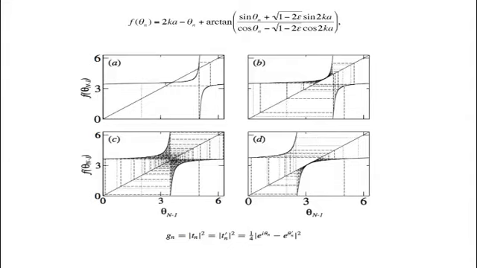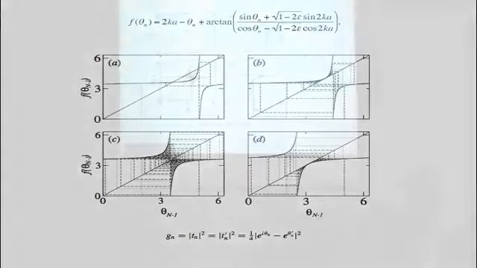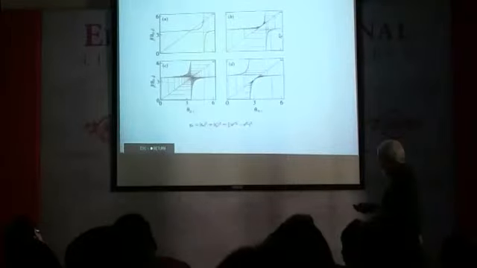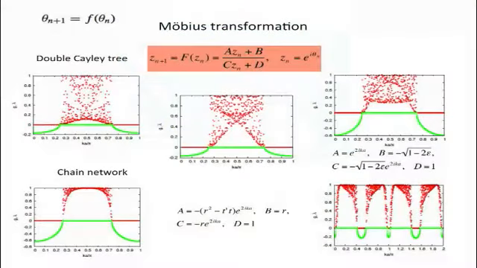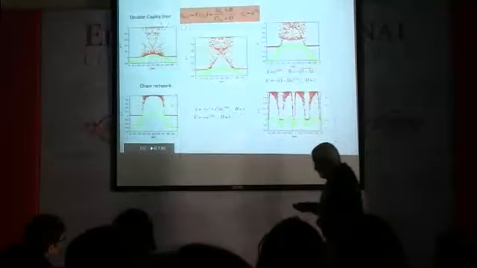So they are expanding, converging, expanding, converging, and the net result is that Lyapunov exponent remains 0. And this is associated with the mathematics, or if you want, with the hyperbolic geometry of the Mobius transformation.